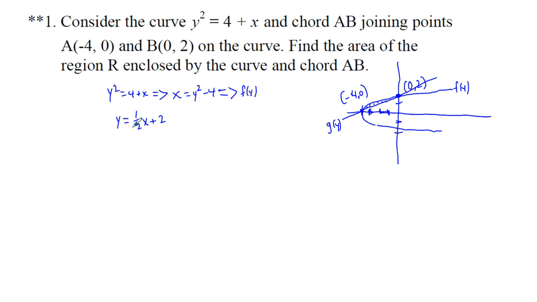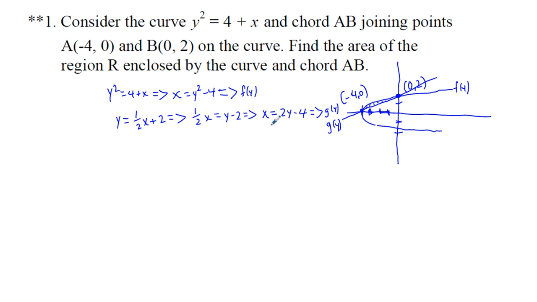And if we solve for x, because we want an equation in terms of x, subtracting 2, we get 1/2 x equals y minus 2. Multiplying both sides of the equation by 2, we get x equals 2y minus 4. And this is going to be our g of y.